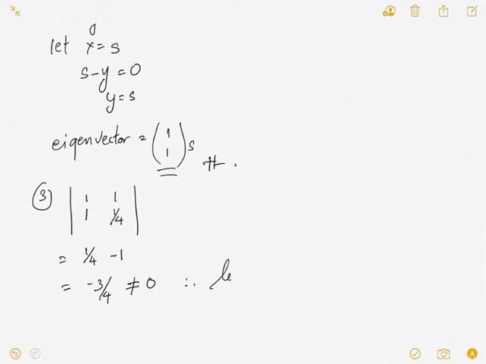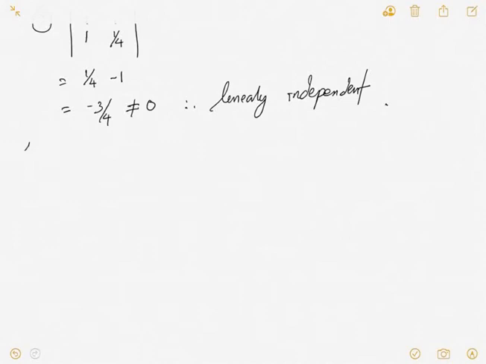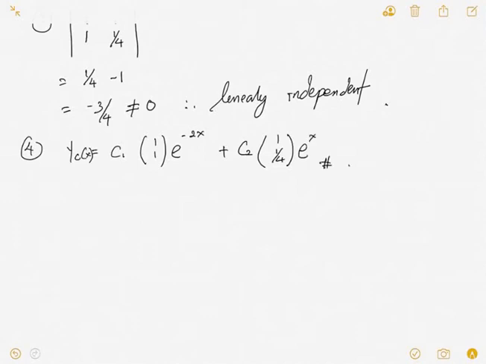We name it linearly independent. Then we can write down the general solution for YC. YC equals C1 times 1 and 1 for lambda equal to negative 2, plus C2 times the eigenvector 1 and 1 over 4 for lambda equal to 1. So this is your YC.